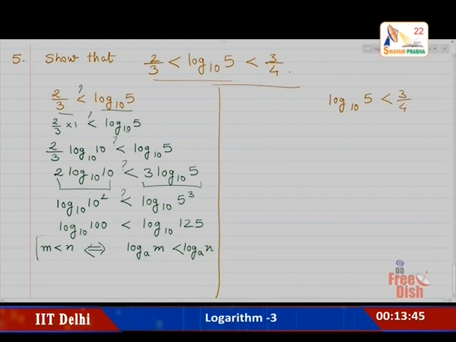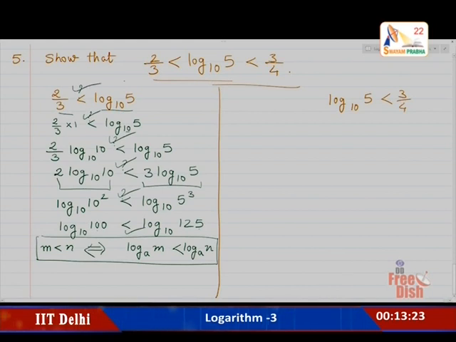So I can use this property and say that this relation is true, because 100 is less than 125, therefore log of 100 better be smaller than log of 125, and therefore this is true, therefore this is true, therefore this is also true.